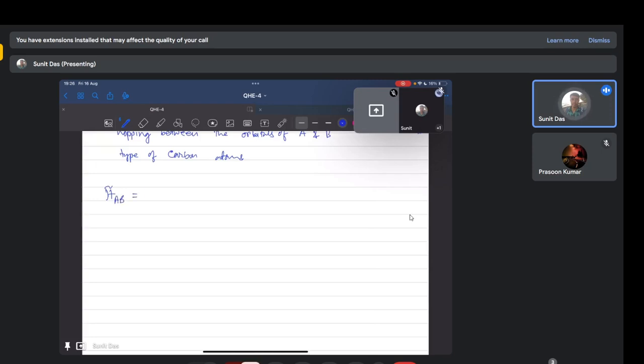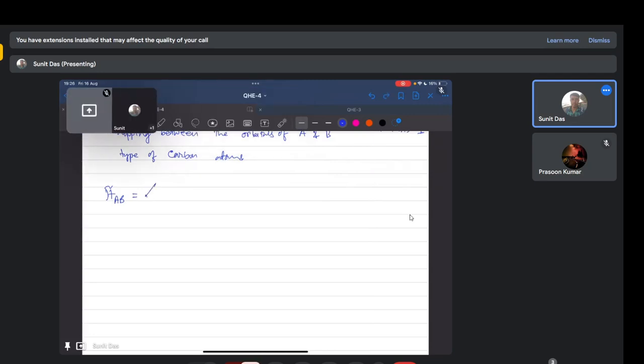HAB tilde is simply again 1 by root over n, sum over i going from 1 to n, e to the power i k dot r a i, phi a of r minus r a i, sandwiched between the Hamiltonian and 1 by root over n.